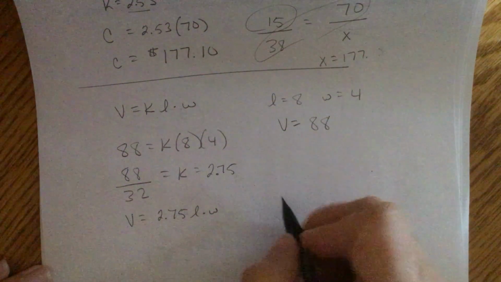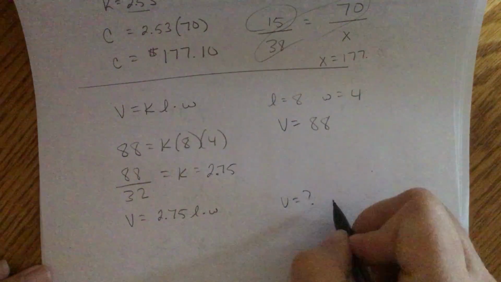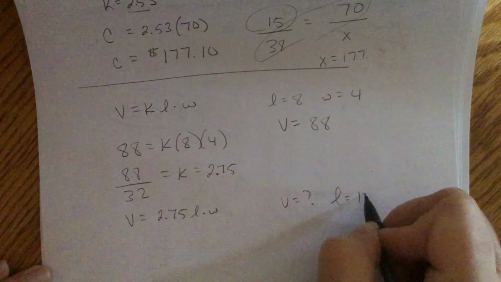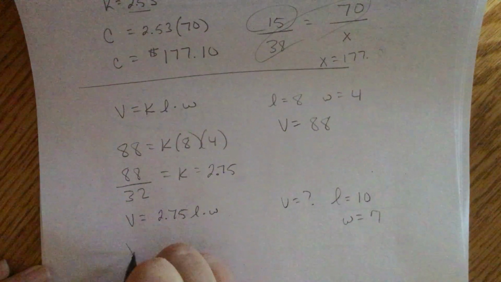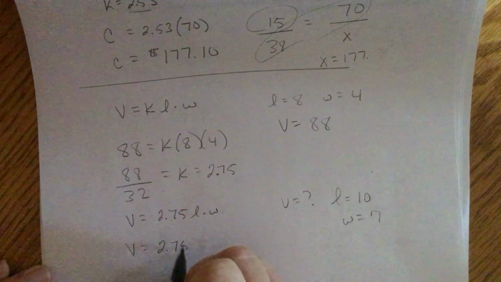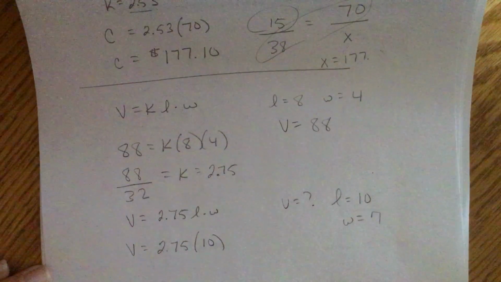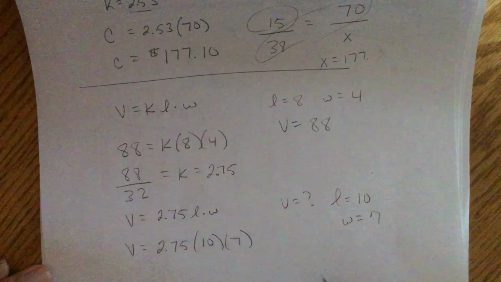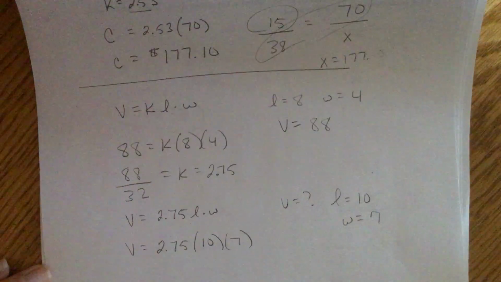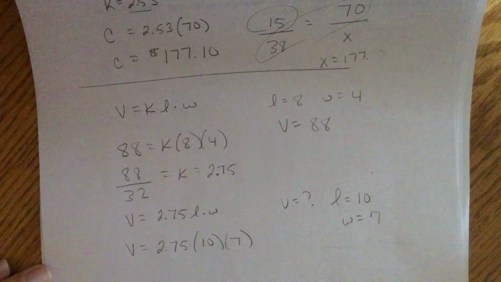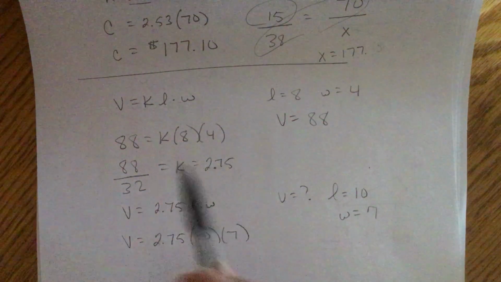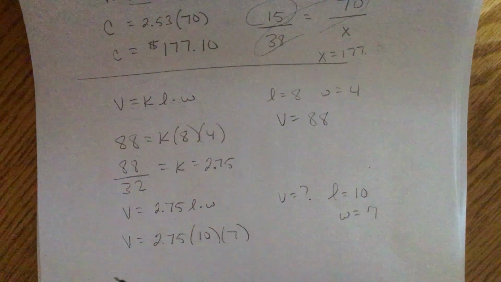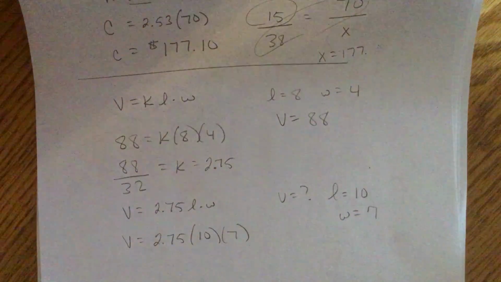So then it's going to give you some information. It'll say, what is the volume when the length is 10 and the width is 7? So volume is 2.75 times 10 times 7. So as far as story problems go or word problems go, these direct proportions are about the easiest types of problems to do, because it tells you the information in a sentence, and you just write the equation from that.